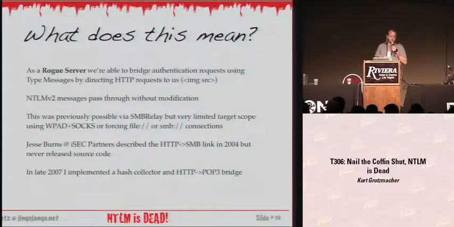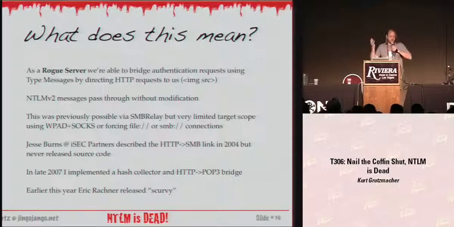I also did an HTTP to POP3 bridge. It was easy. And earlier this year, another researcher, Eric Rachner, did a Scurvy tool, which is very similar. So it's taken a lot of time from the original idea of authentication and being in the middle to where we are today to show that this protocol itself is just done with.